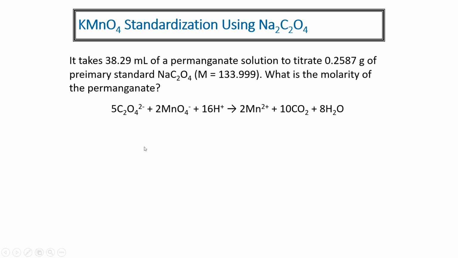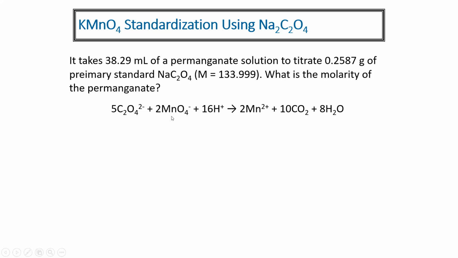Let's say, for example, we now do the titration. We found out that we have 38.29 mL of KMnO4 that has oxidized the sodium oxalate. We can work out the molarity of KMnO4 as we know from here.